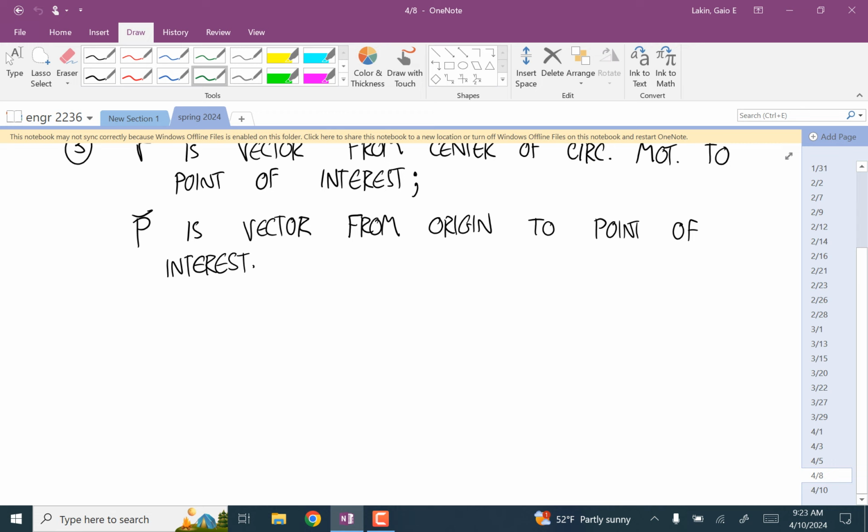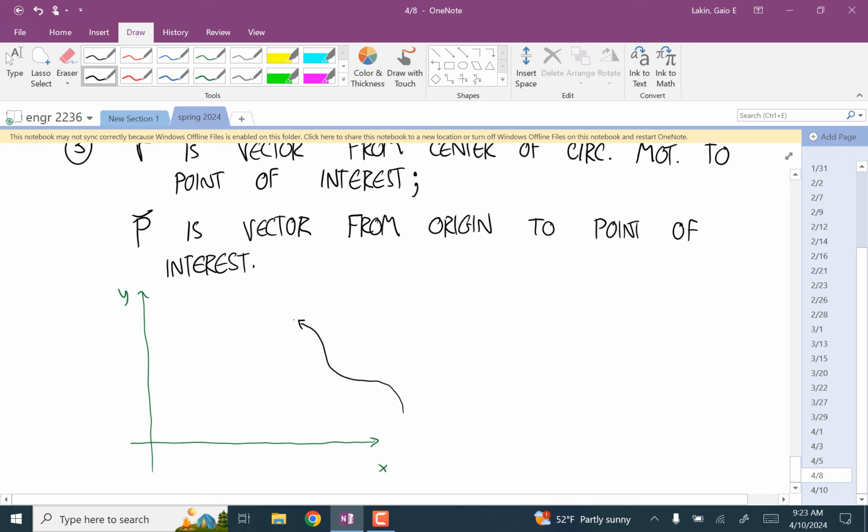So I'm going to draw the underlying inertial coordinate system. You can think of it like that. And then the object's moving through space like this.